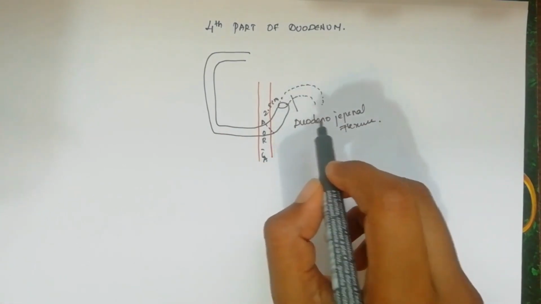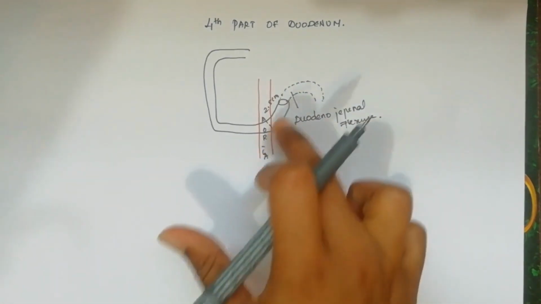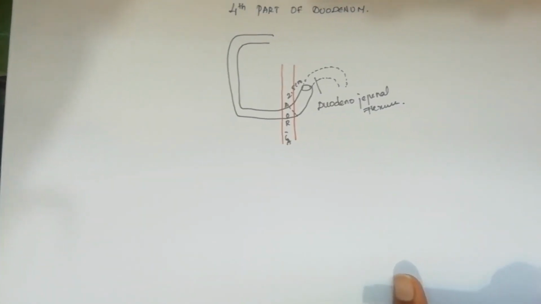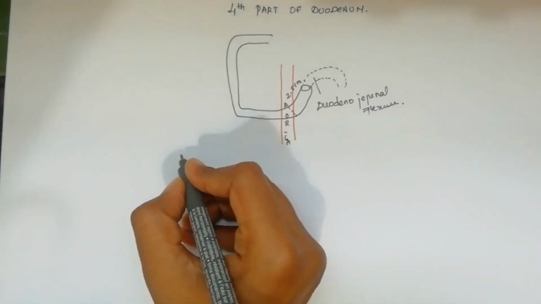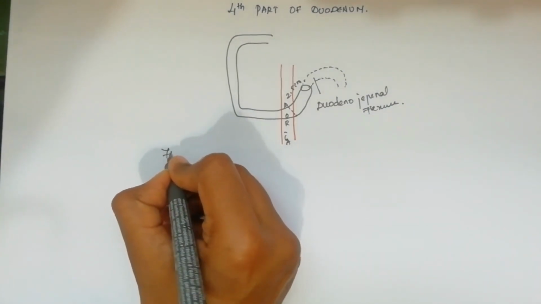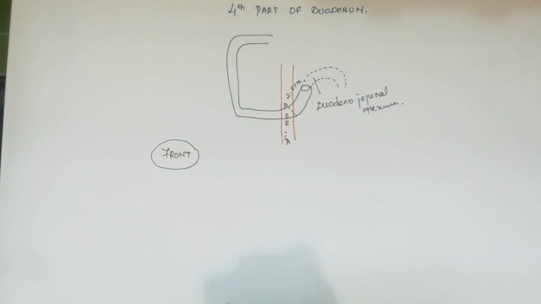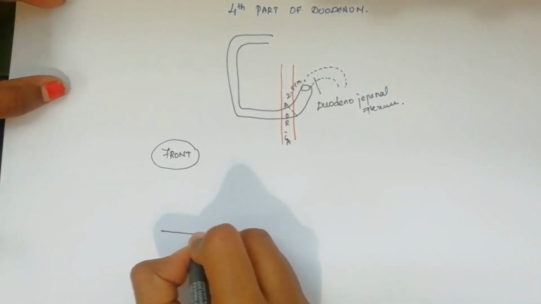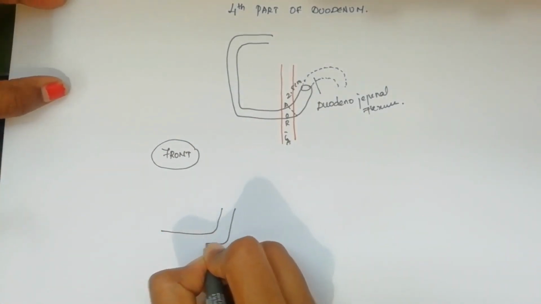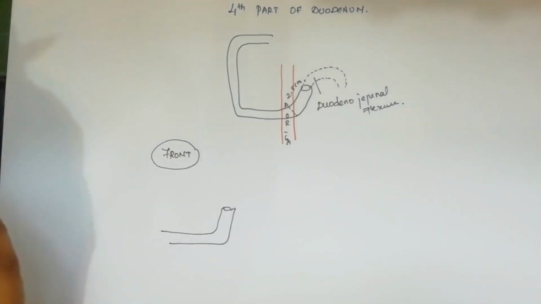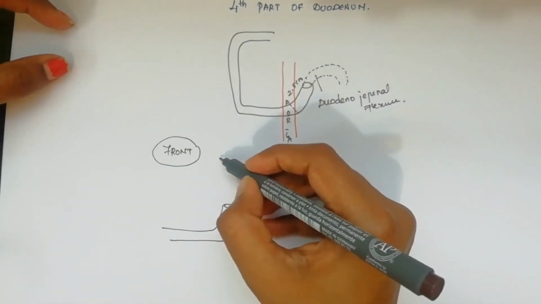Now we are going to see details of the relation of this fourth part. The small fourth part we are going to see again front relation, behind relation. So relations in front. So front relation we are going to see first. So in front of the fourth part of duodenum, we have got a part of stomach related anteriorly.